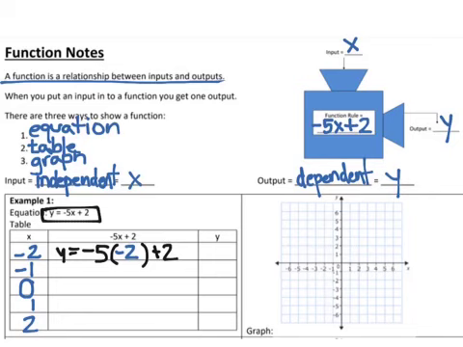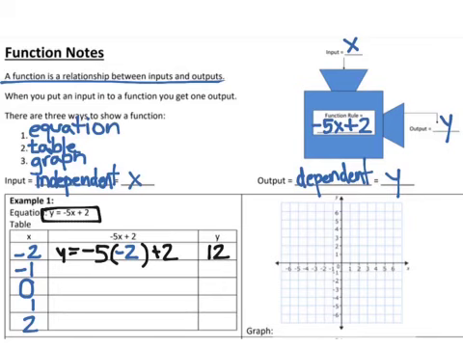So now we know that y is equal to whatever that is. And thankfully, from our first lesson in this chapter, we know how to solve that. That's -5 times -2 plus 2. So we're following the order of operations. -5 times -2 is +10, plus 2 is 12.